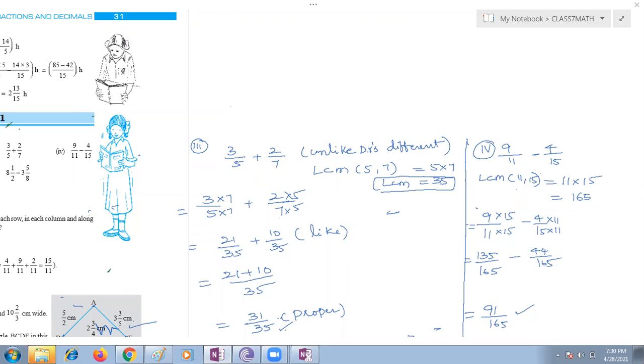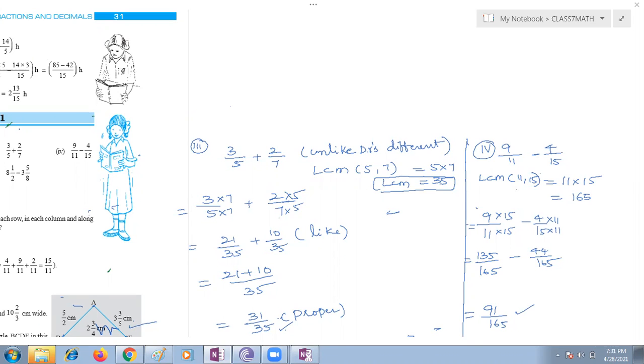Except one, which is the only common factor. No other tables will match. Why? Because 11 is a prime number, meaning only two factors, 1 and 11. But 15 is a composite number. We have 1, 3, 5, 15. So there are no common factors between 11 and 15.